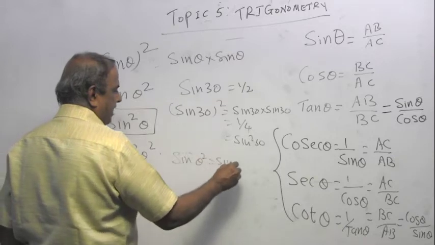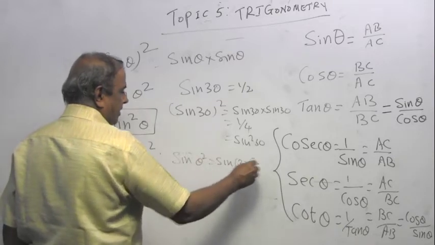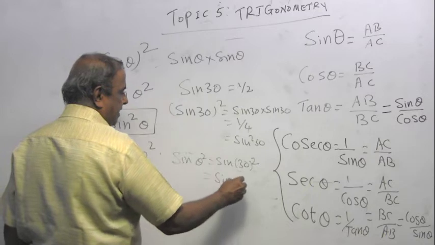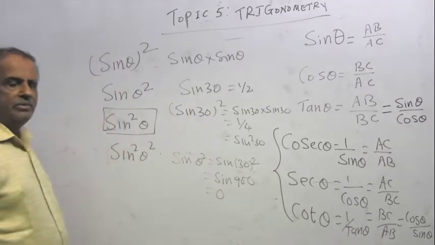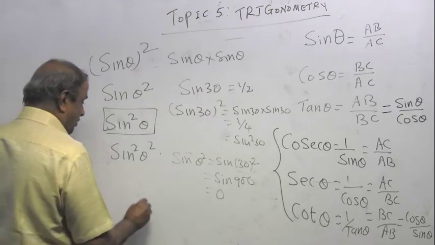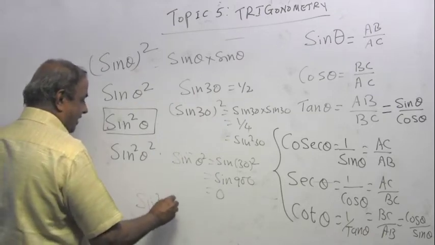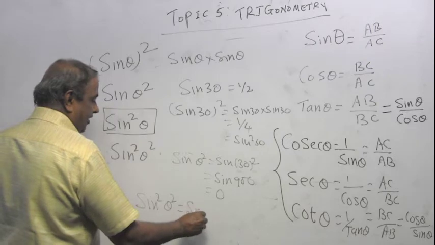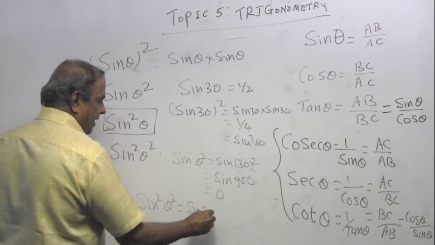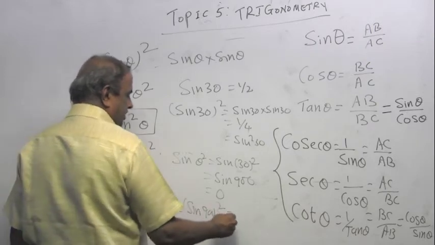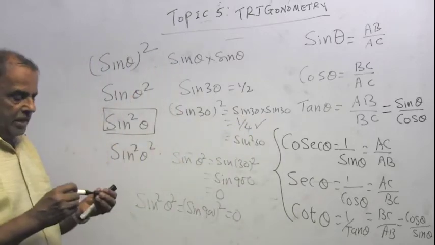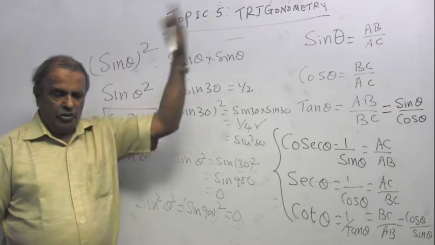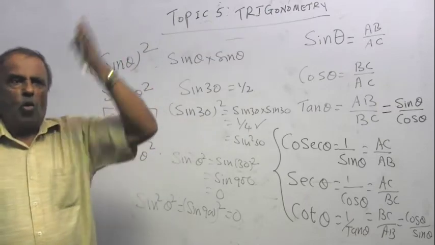It will be sine of 30 squared, which is sine 900. If you use a calculator, you get the answer as 0. And if you do sine square theta squared, it is sine 900 whole squared, which is still 0, whereas the actual value is a quarter. That's why when you say sine theta whole squared, it is sine square theta.